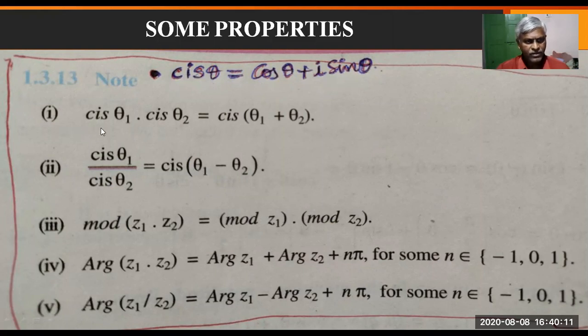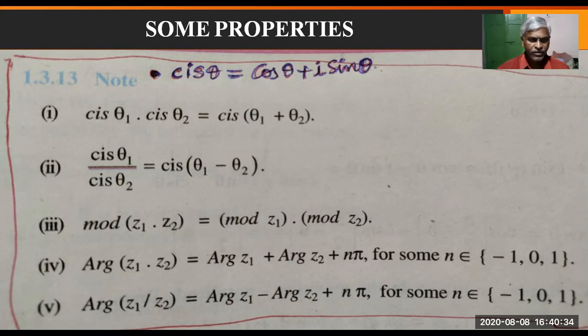The first one, cis theta 1 into cis theta 2 is equal to cis (theta 1 plus theta 2). Second, cis theta 1 by cis theta 2 is equal to cis (theta 1 minus theta 2). Modulus of z1 into z2 is equal to modulus of z1 into modulus of z2.